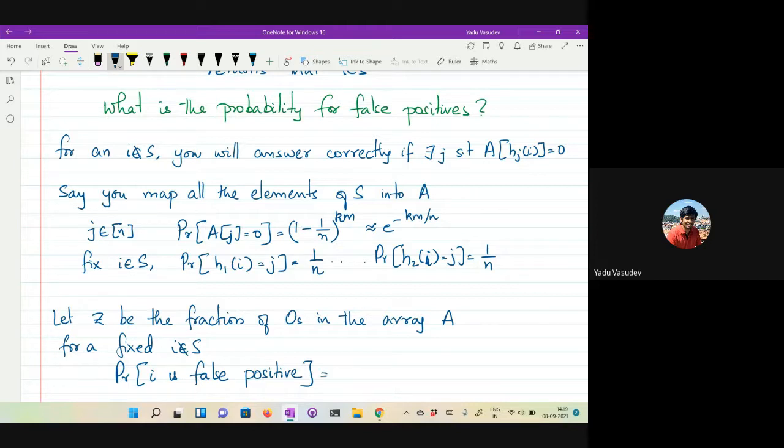Because what do you want? If you take a hash function, say hj, it's a false positive if hj maps i to a point that is not a 0. All the edges map i to a point that is not 0, right?